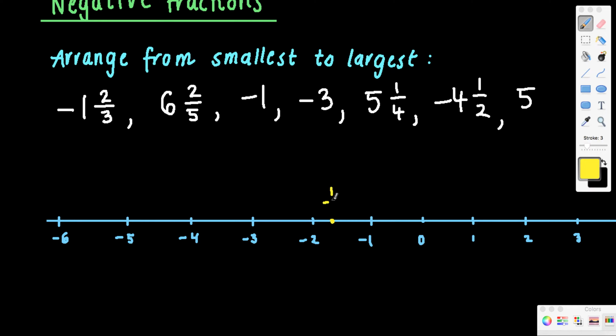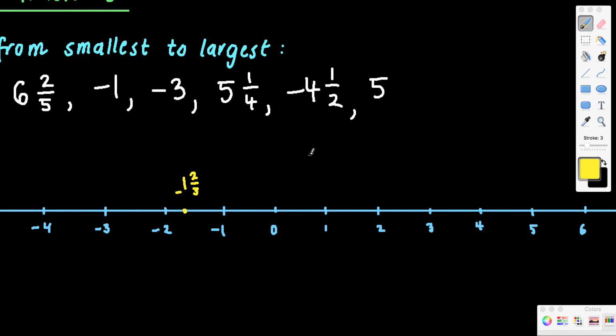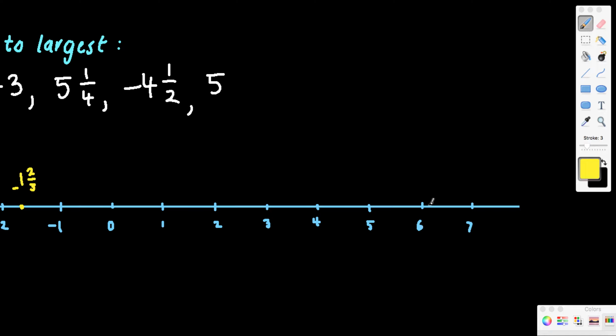So there's my -1 and 2/3. I'm going to write it down so I'll have the numbers in order once I do that. 6 and 2/5, so I need to go all the way up here, it's positive, and 2/5 is going to be about here, 6 and 2/5.